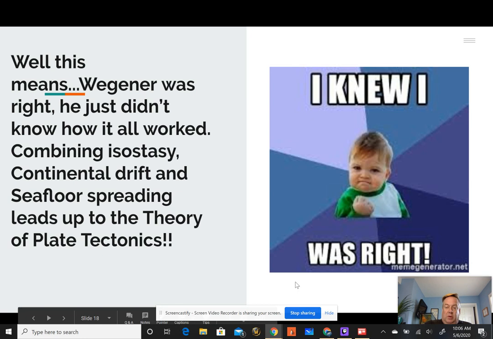Wegener, weirdly, as he got much, much older and he's dead at this point, he knew he was right.